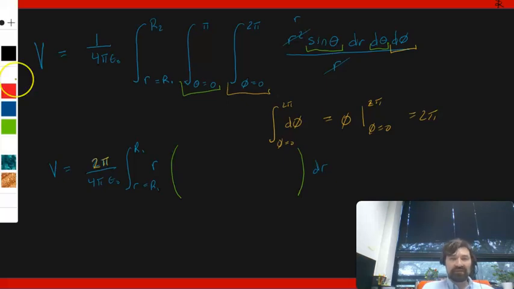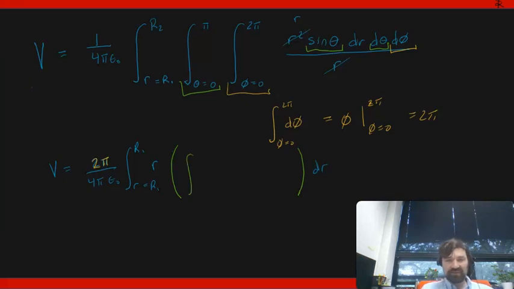Okay, so the second integral is the integral from theta equals 0 to pi of sine theta d theta. Well, that's straightforward. You know that that integral is going to give you negative cosine of theta evaluated from theta equals 0 to pi. And so that is negative cosine pi minus negative cosine 0.